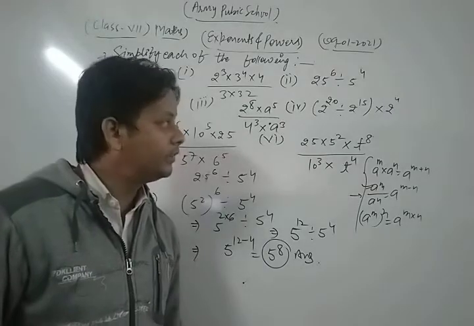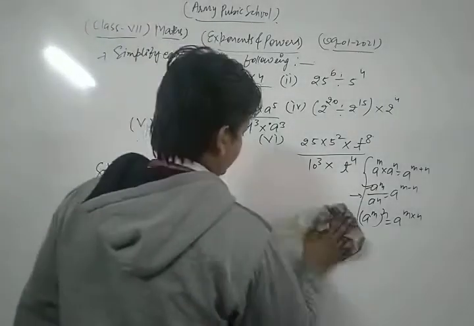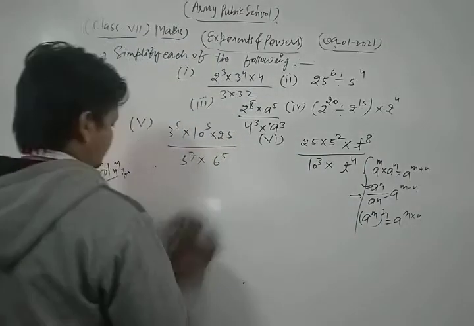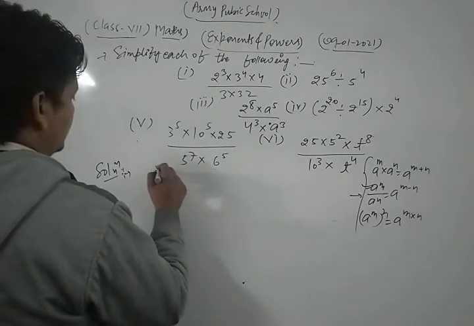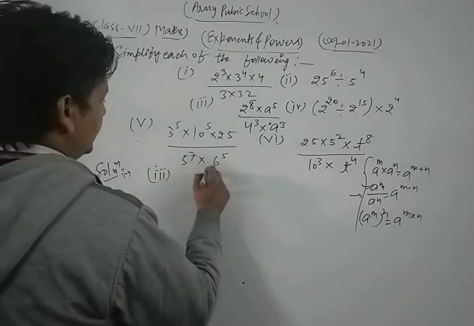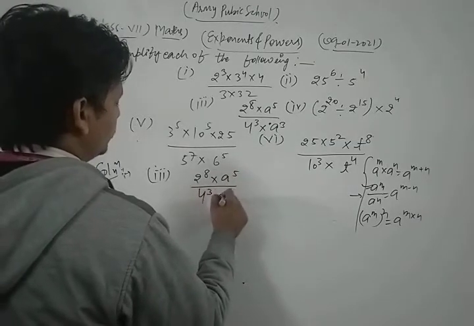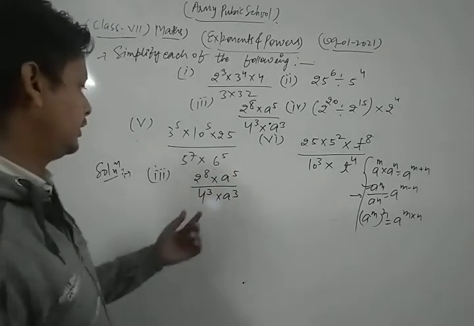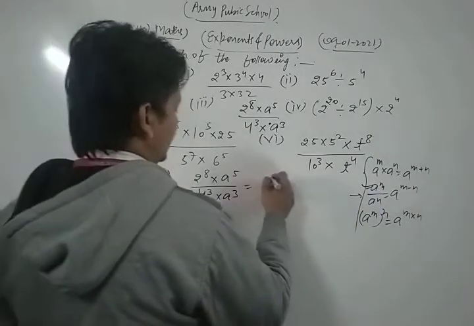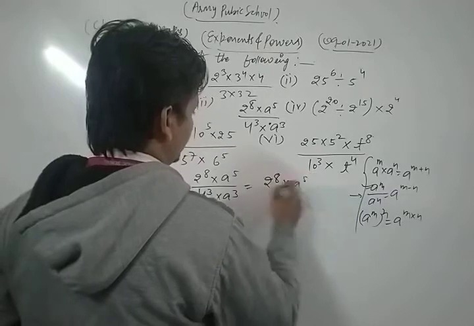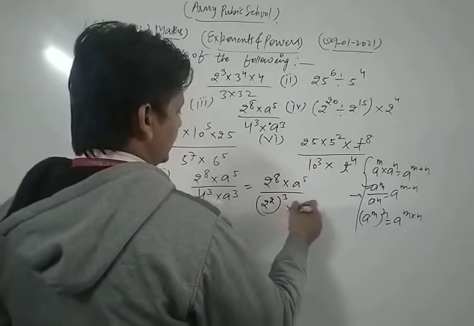Okay, dear students, similarly we take and solve the next part of this question. Let's see. Now we take and solve the third part of this question, which is 2 power 8 into a power 5 upon 4 power 3 into a power 3. First of all, we write 4 in the form of 2. We can write 2 power 8 into a power 5 upon 4 as 2 power 2, and 3 as it is, into a to the power 3.